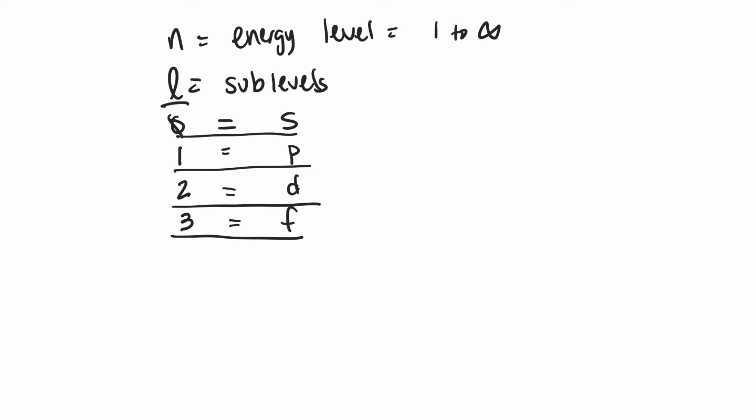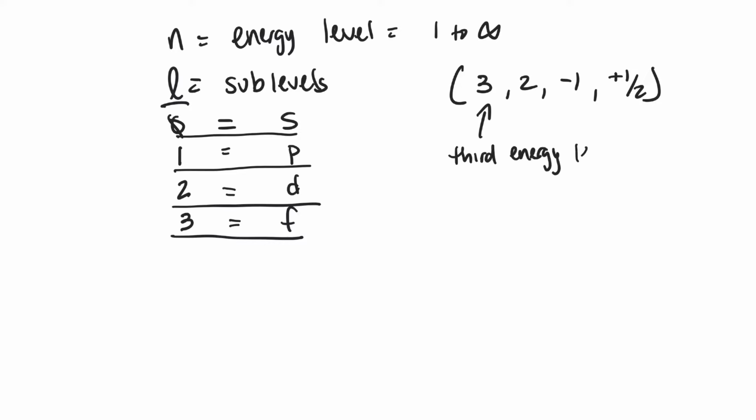Now, for example, if we have the quantum set 3, 2, -1, plus 1/2, all this is saying is that this is the third energy level, and L here is telling you that we're dealing with the D sublevel.